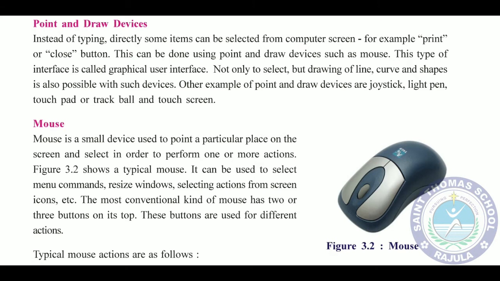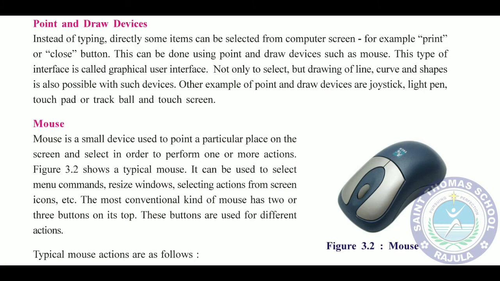Not only to select, but drawing lines, curves and shapes is also possible with these devices. When you are working with a paint program, point and draw devices help you draw different shapes. Other examples of point and draw devices are the joystick, light pen, touchpad or trackball, and touch screen.